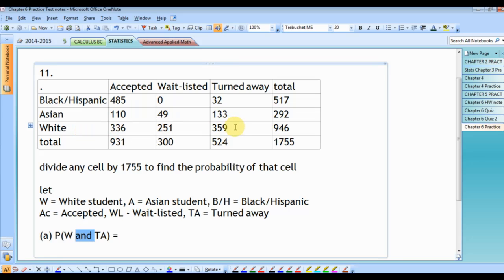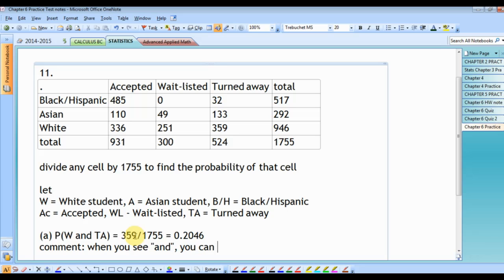White, turned away, that's 359 out of 1755, which is about 0.2046. Remember, when you see "and," you can take the number right from the chart. Okay?